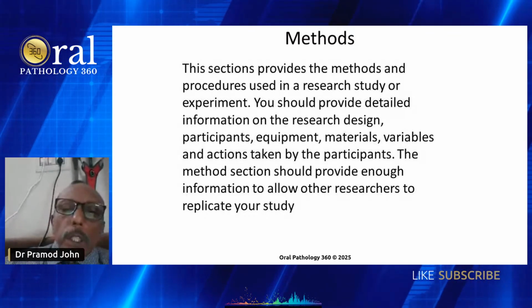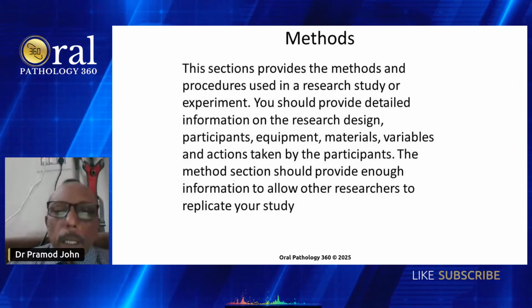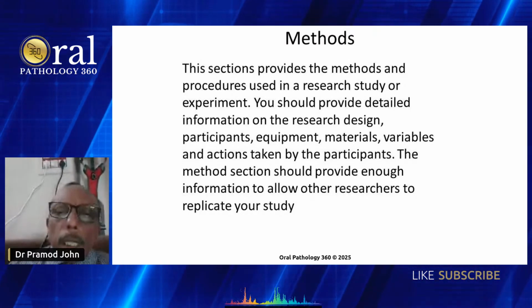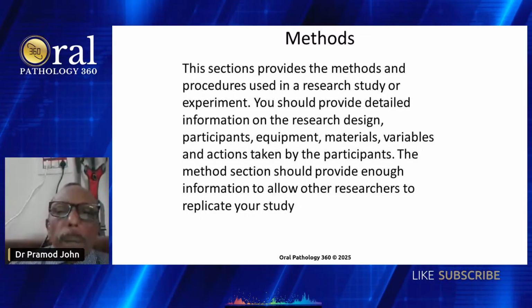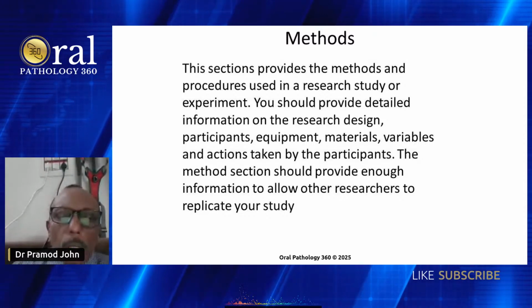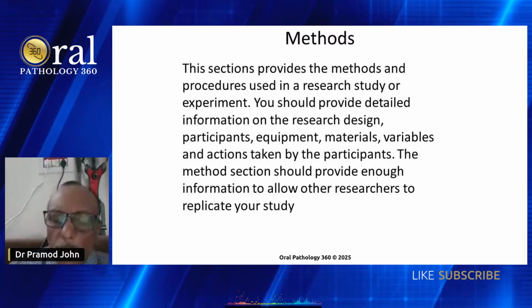The method section should provide enough information to allow other researchers to replicate your study, because somebody may replicate the study, and some people may take it up as a thesis topic. So all these are possible, and they would like to know the methodology of your study in detail.